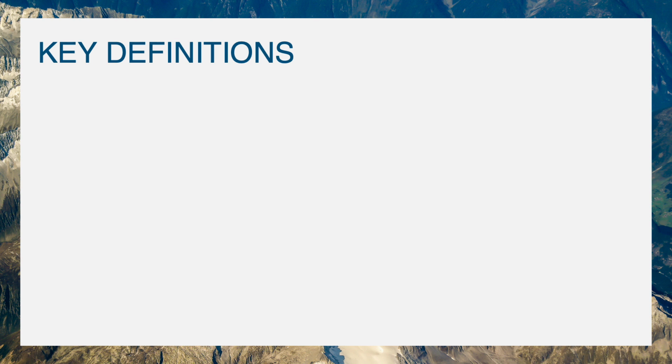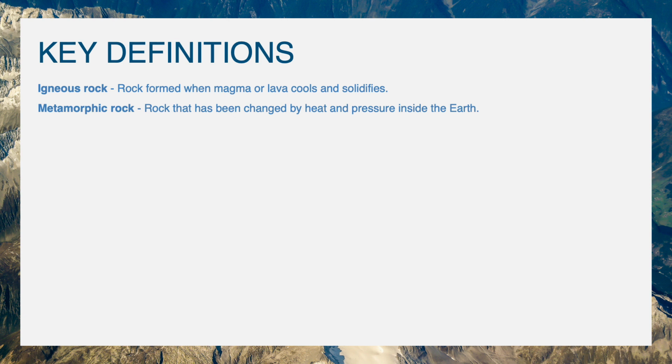Before we finish, let's check the key vocabulary. Igneous rock is rock formed when magma or lava cools and solidifies. Metamorphic rock is rock that is changed by heat and pressure without melting.